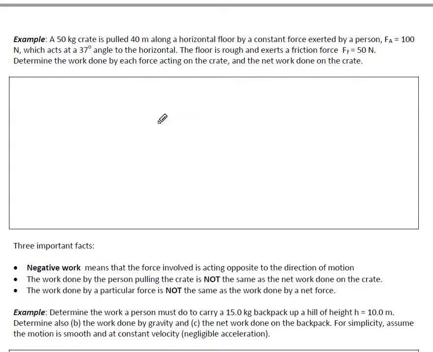So here is our scenario. We have an object. This is very similar to dynamics actually, but now we're just trying to incorporate energy into it as well. So here's our applied force, 100 newtons, at an angle of 37 degrees. There's a force of friction opposing it. We know there's force of gravity, and there's normal force.